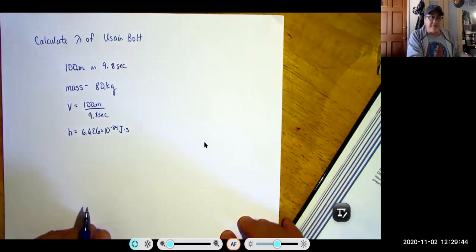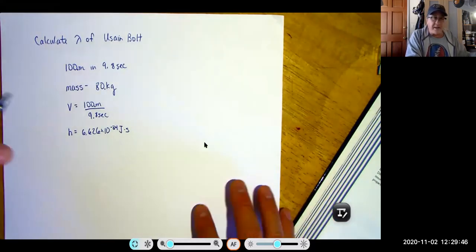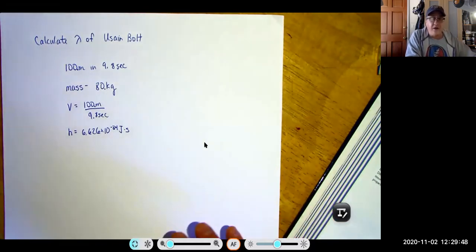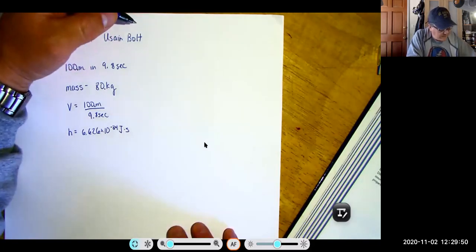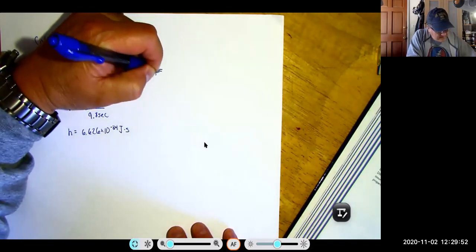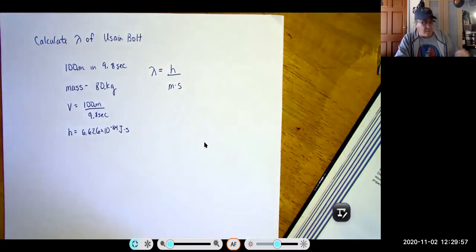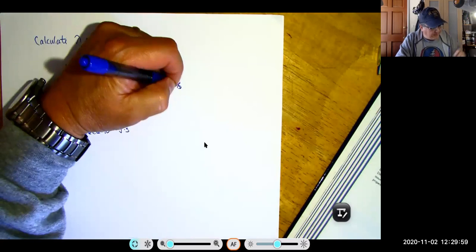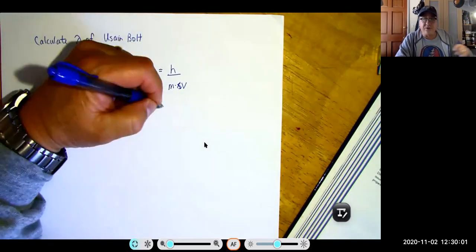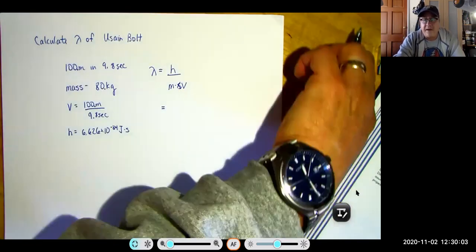So what I'm going to do is have you guys, for the moment, calculate the wavelength of Usain Bolt. So go ahead and calculate that wavelength. Whoops, that should be v. And when you're done, give me a thumbs up, all right?